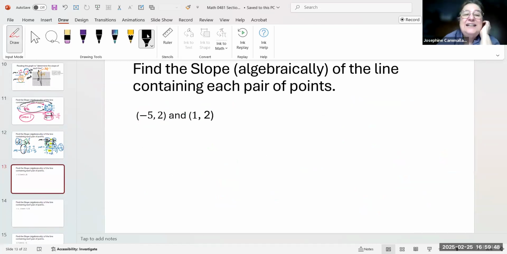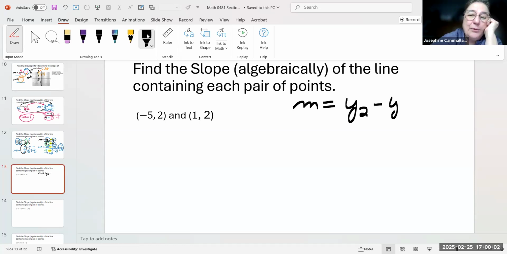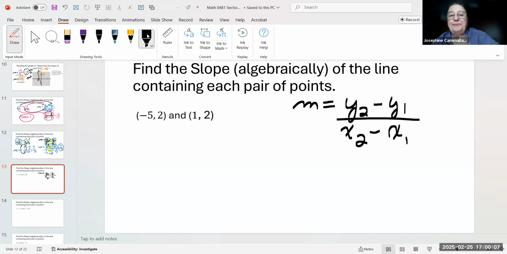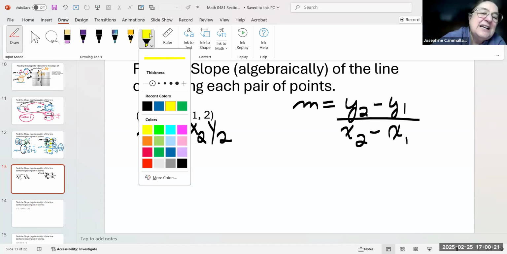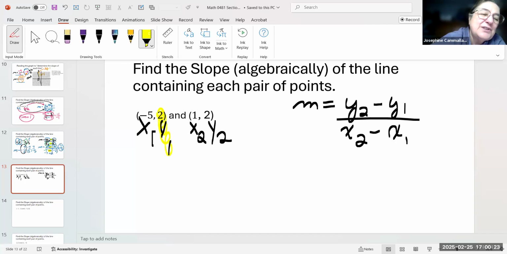Now, this is where we're going to look at this one. Now, this is saying I want a slope. This is y2 minus y1 over x2 minus x1. Okay, x1, y1, x2, y2. Okay, and I want to show you something. Do you see that this y value is 2 and this y value is 2?